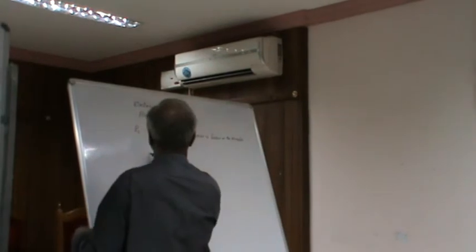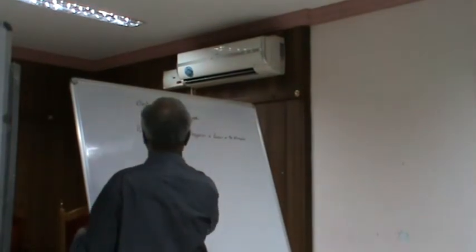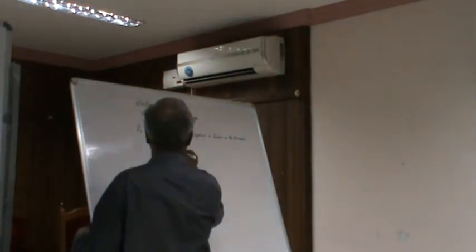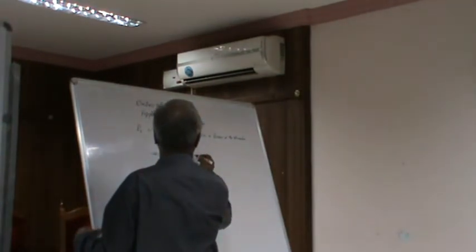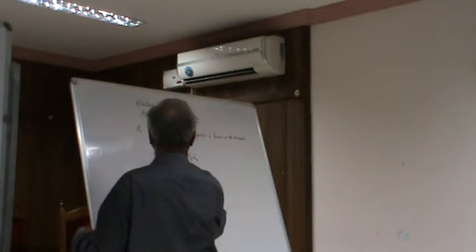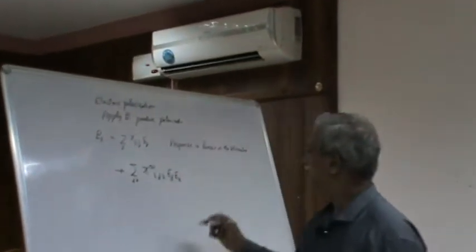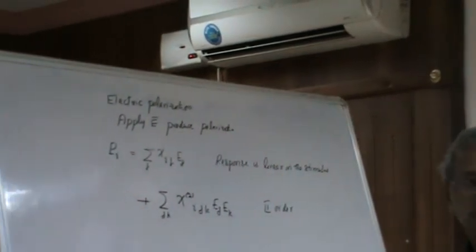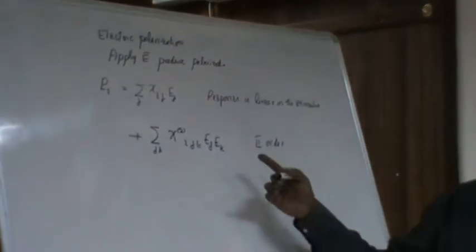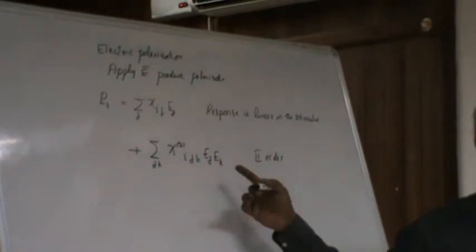So we can say to that point, there can be another thing like this. This means this is the second order response. This means the response of the system depends upon the square of the electric field.